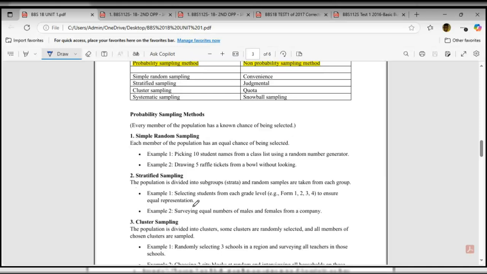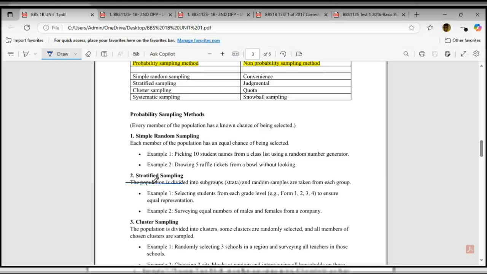Let's say for stratified, an example would be, let's say NAS is the population. Then you have marketing students and accounting students. So you divide NAS into the courses that people are doing, and then from those courses you take your random samples. That is stratified.